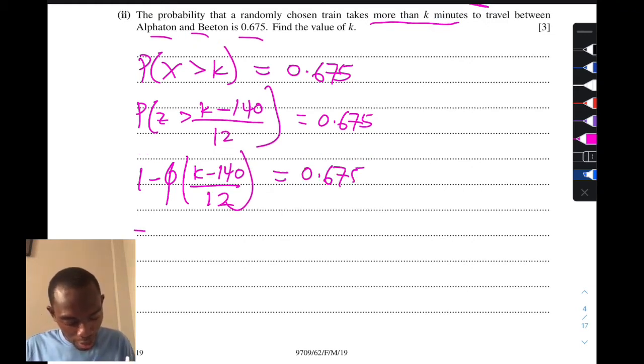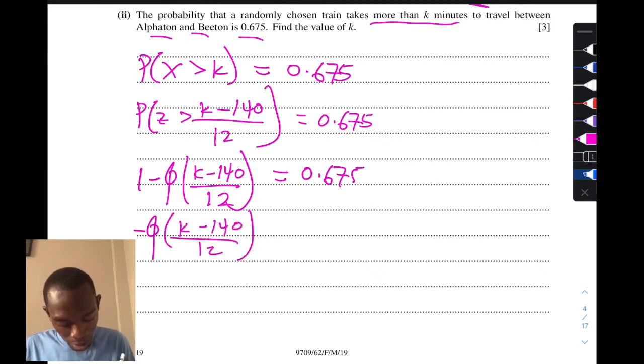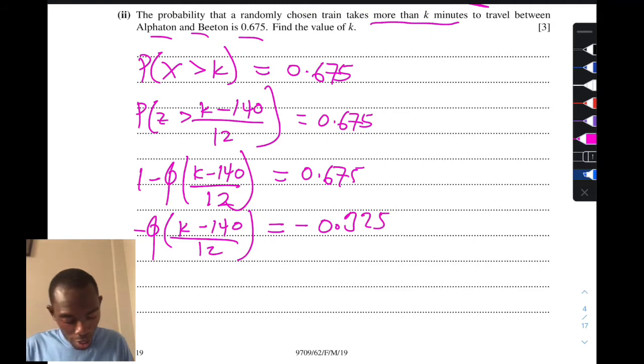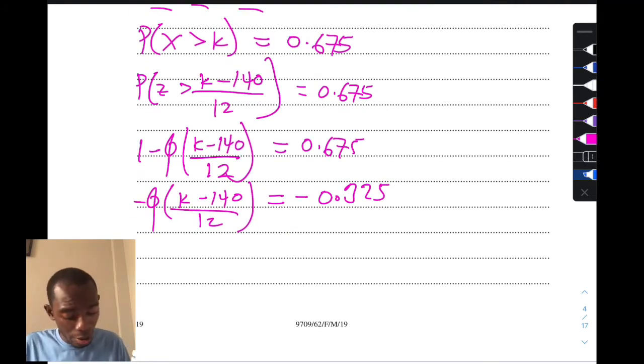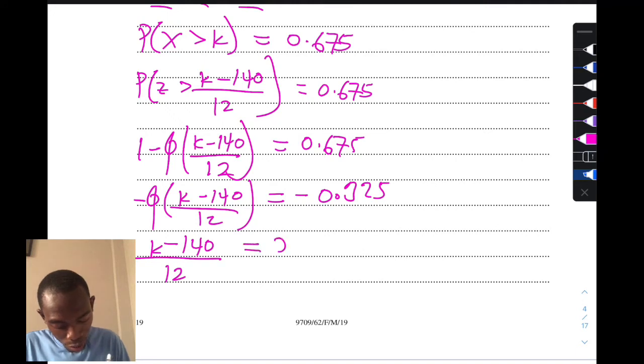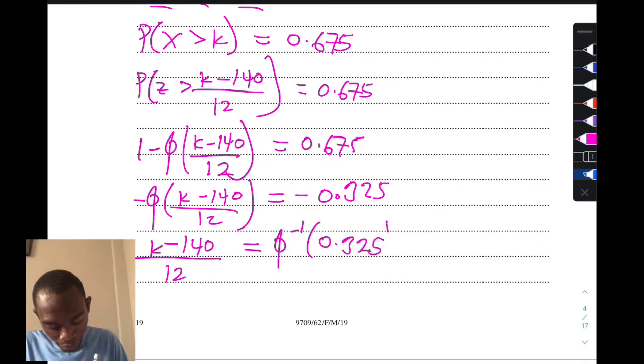So we subtract 1 from that value, 0.675 minus 1, and that's negative 0.325. Okay. So the negatives cancel out. So we have k minus 140 over 12 is equal to phi to the negative 1 of this particular value.